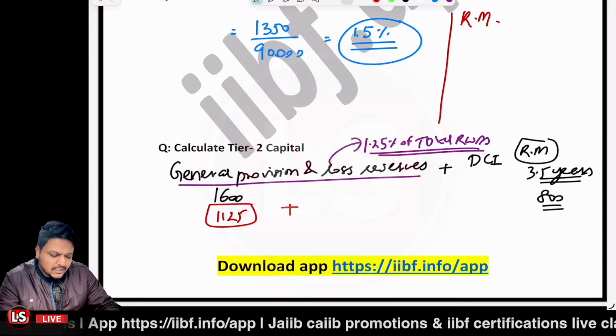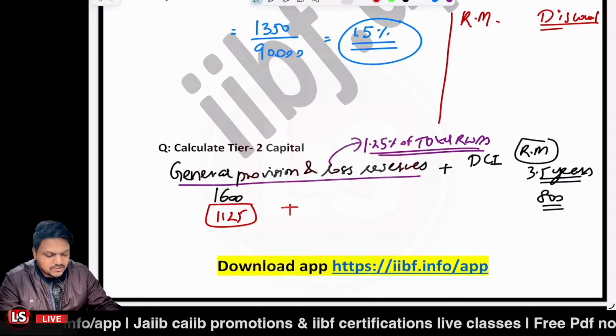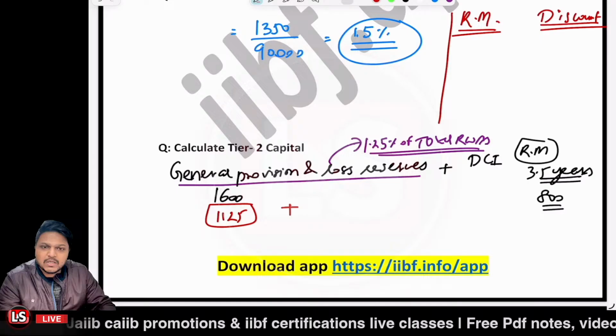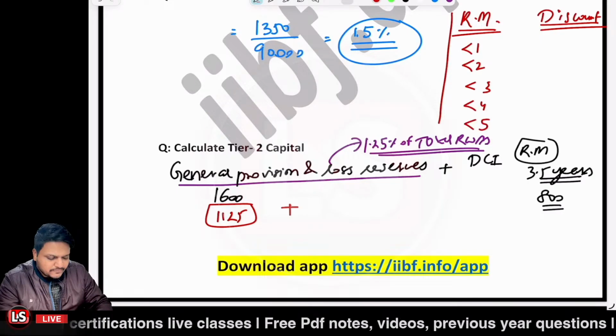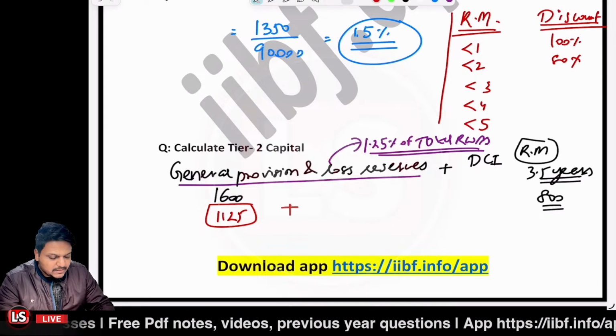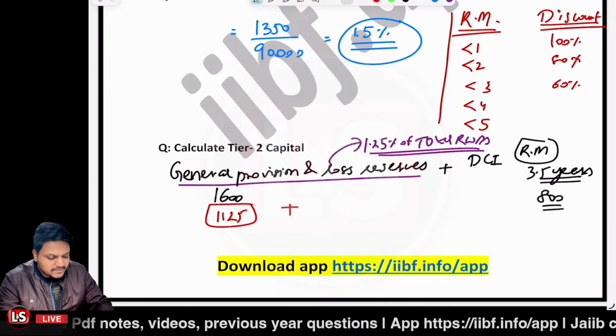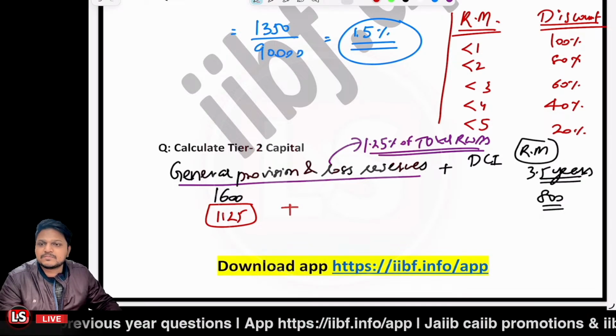On the other side, you have to write the discount which will be charged. So when it's related to residual maturity less than 1, 2, 3, 4, and 5, the discount would be 100%, and then step it by 20: 80%, 60%, 40%, and 20%.